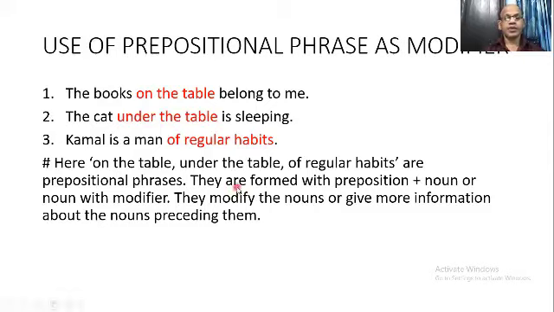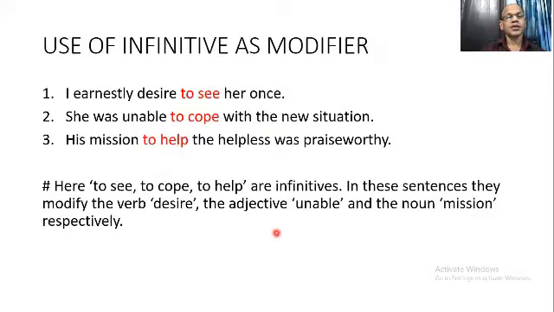Now let us see what we have next. Use of infinitive as modifier. You can use infinitives or infinitive phrases as modifiers. Look at the example. I honestly desired to see her once. To see is a modifier here, an infinitive.